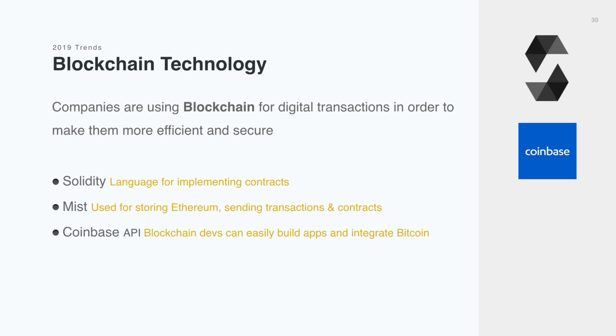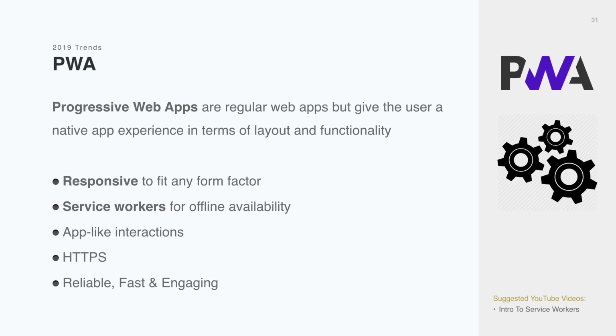We have Coinbase API, which allows blockchain developers to easily build apps that integrate Bitcoin. I myself haven't had the chance to really get into this, but I read about it all the time. And if you want to get a jump on something that is fairly new and hot, then you might want to look into blockchain.